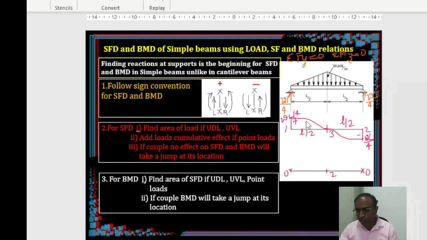So what is the area of this particular diagram? It is a parabolic curve. So if you inscribe this parabola in a rectangle, it occupies 2/3 of the rectangular area. So rectangular area of this one will be how much? This base length into breadth, right?